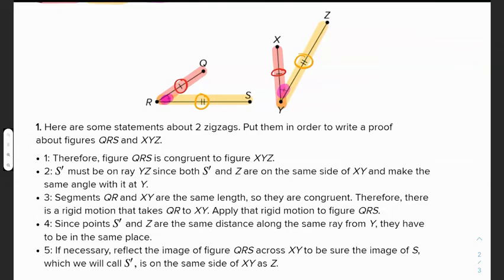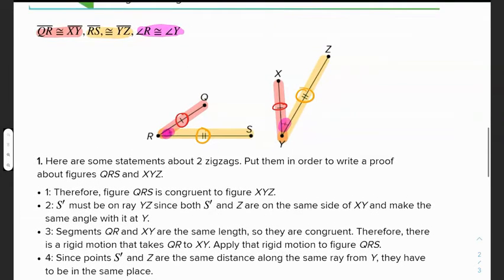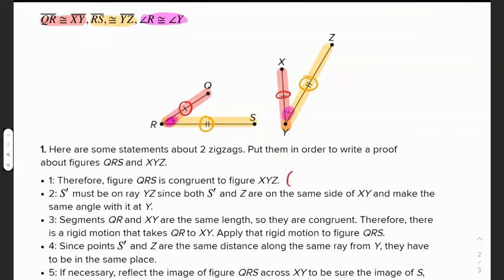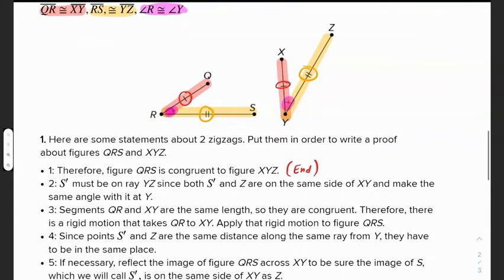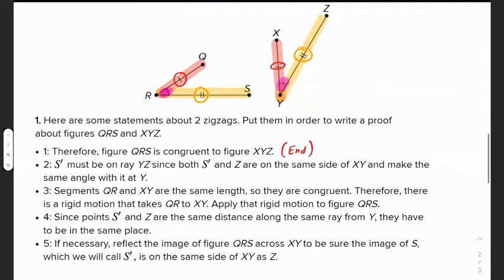Well, that's what they wanted us to prove. Therefore usually goes at the very end. So I think number one is the end result, the last step out of all of them. The keyword that tips me off is therefore.